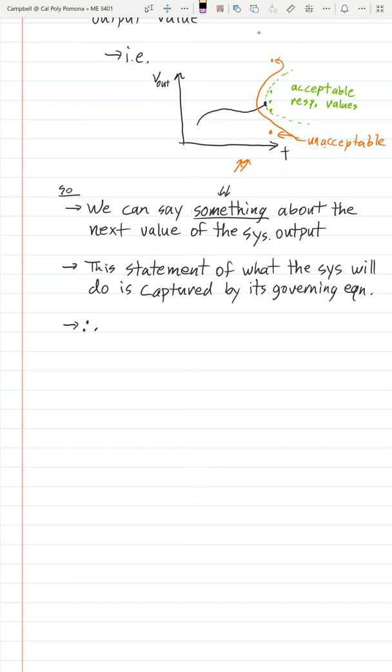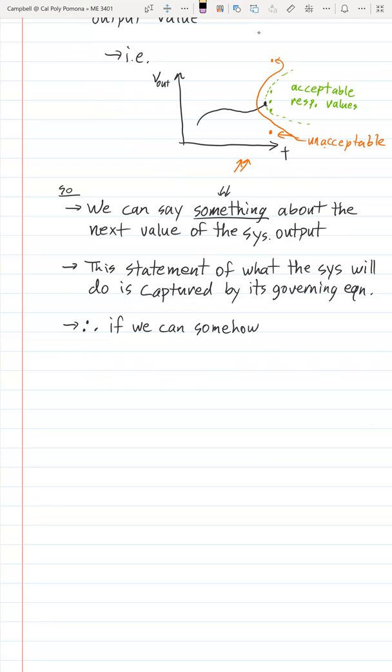So that means that if we can somehow, so remember, we have these derivatives associated with the governing equation.